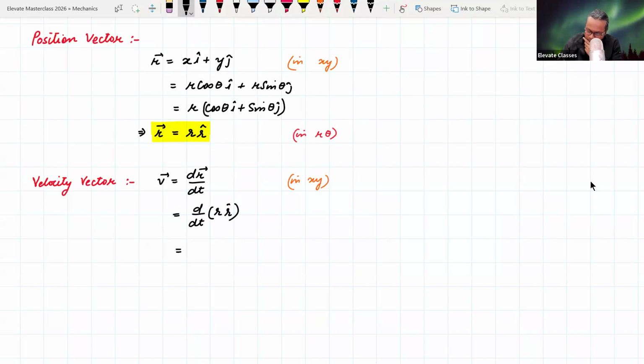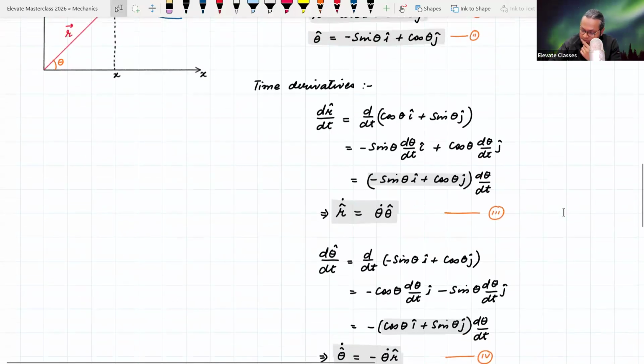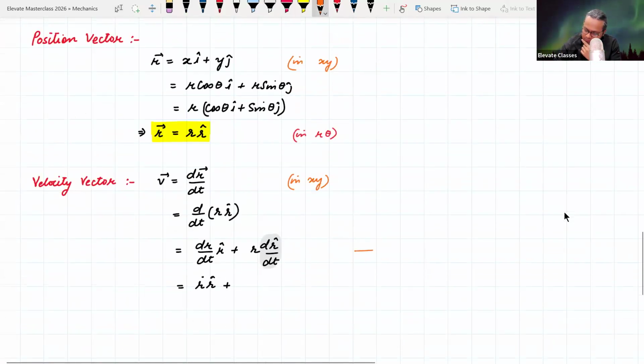And so this can be written as r dot r cap plus r dr cap upon dt. What is dr cap upon dt? We already obtained in point number 3, it is theta dot theta cap.